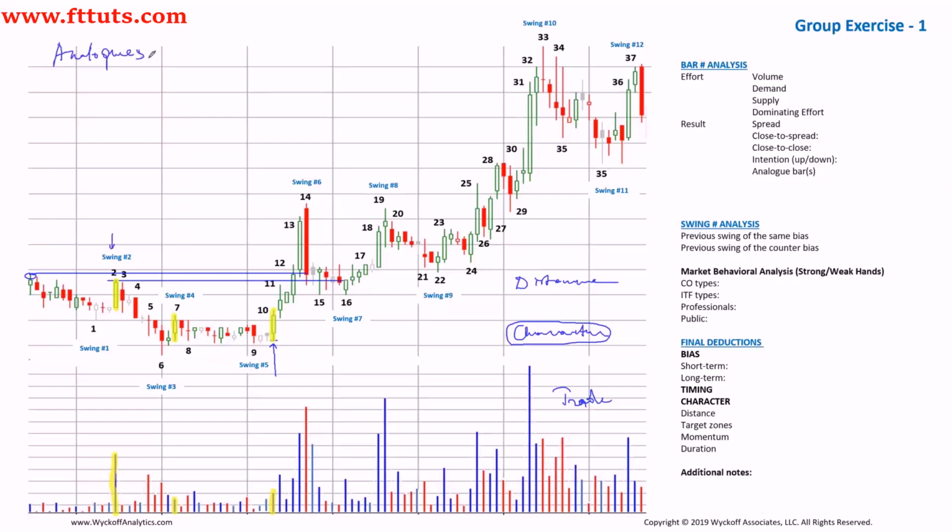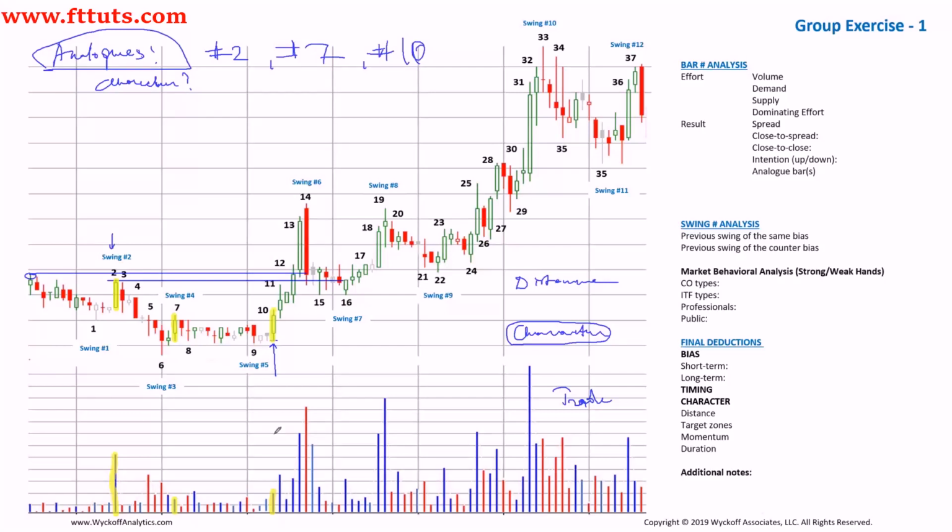Okay, so now we're looking at some analogs. We are looking at bar number 2, bar number 7, and bar number 10, and all of this goes into the question of what's going to be the character. Could we overcome this resistance?